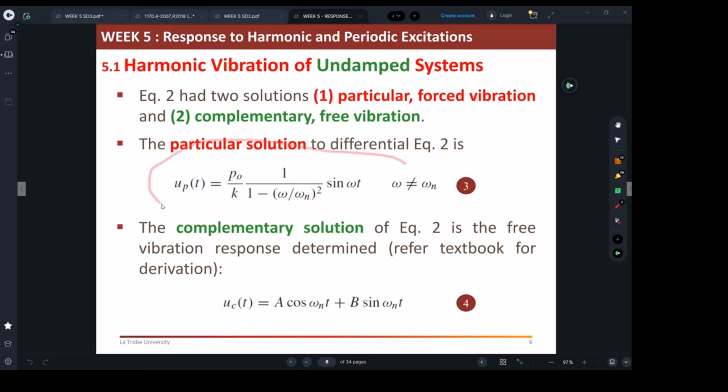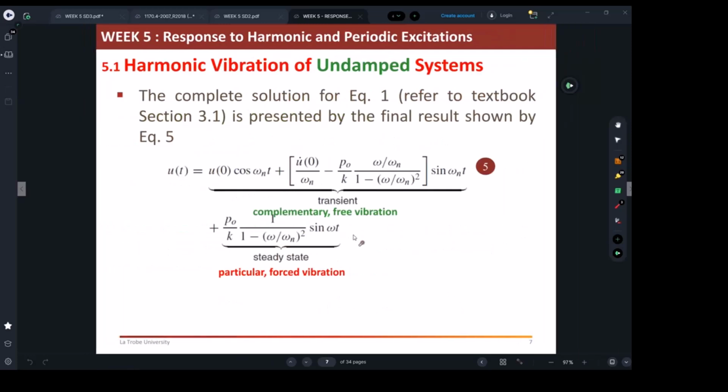One of the solutions is here, and the other solution is there. This solution is in function of the forcing frequency, with the force. The second solution is a function of cosine and sine. The first one is called the particular solution, and the second one is called the complementary solution. Until now we don't know what they physically mean. We're going to see that next.